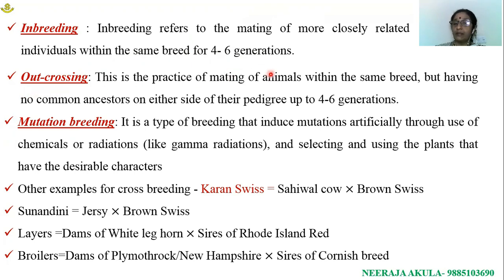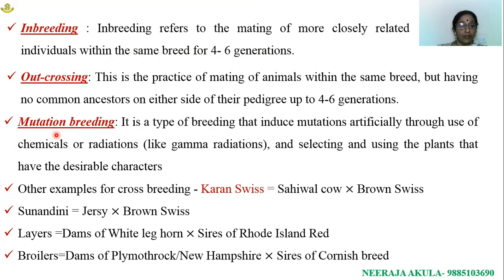Outcrossing is a practice of mating animals within the same breed but having no common ancestry. Mutational breeding is related to plant breeding processes. It is related to induced mutations, where the gene sequence of a plant is altered by exposing those genes to specific types of chemicals or gamma radiations.